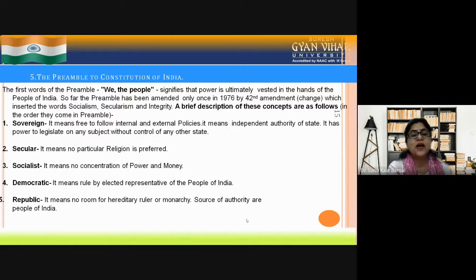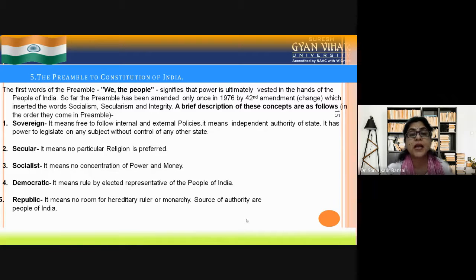Now students, understand it more elaborately. The first words of the preamble, we the people, signify that power is ultimately vested in the hands of the people of India, as it is democratic in its form. So far, the preamble has been amended only once.